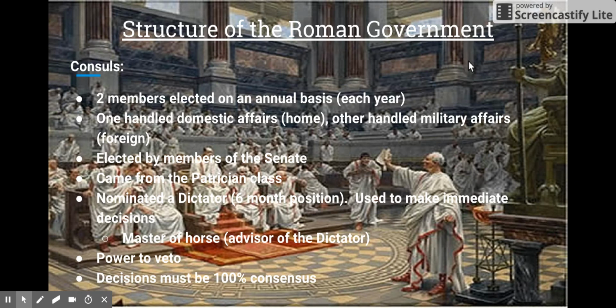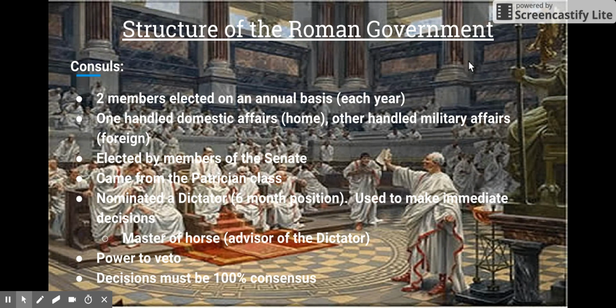The consul could nominate what's called a dictator. Now, this dictator was a 6-month position, and it was a person that would be moved into this position immediately. This dictator also would receive what we call a master of horse, who would just serve as an advisor to the dictator. We'll come to find out one of the most famous dictators was a guy by the name of Cincinnatus.